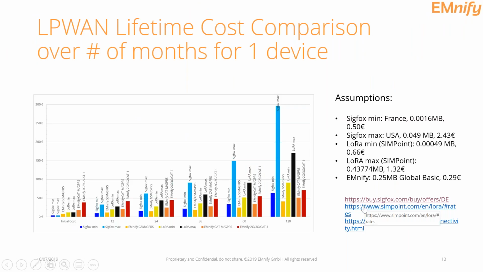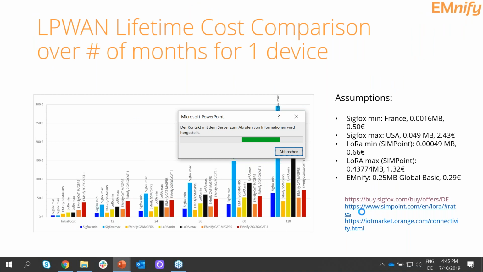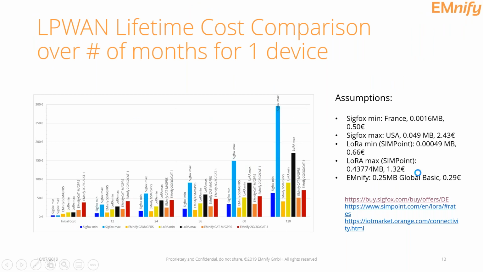For LoRa, I found 2 publicly available prices. This is from SimPoint, which charges a minimum of 66 cents per month if you transport less than 5 kilobytes per month.